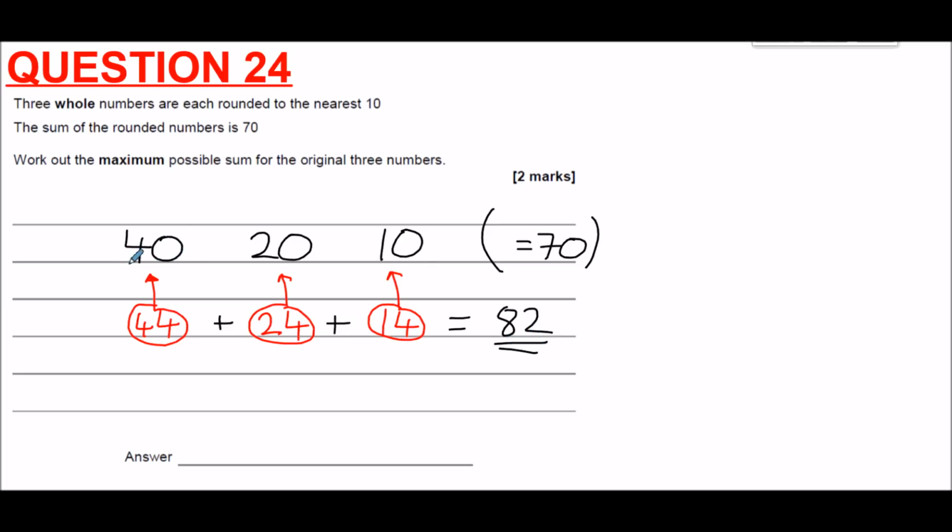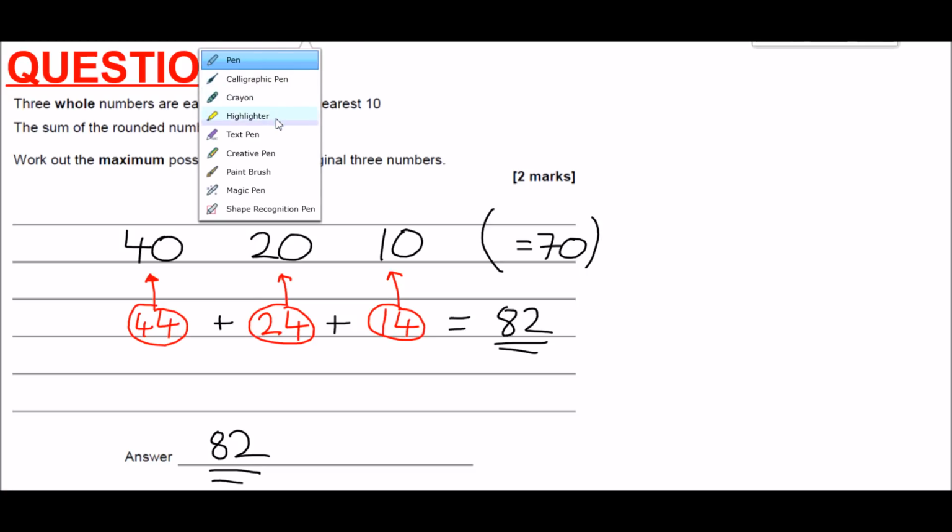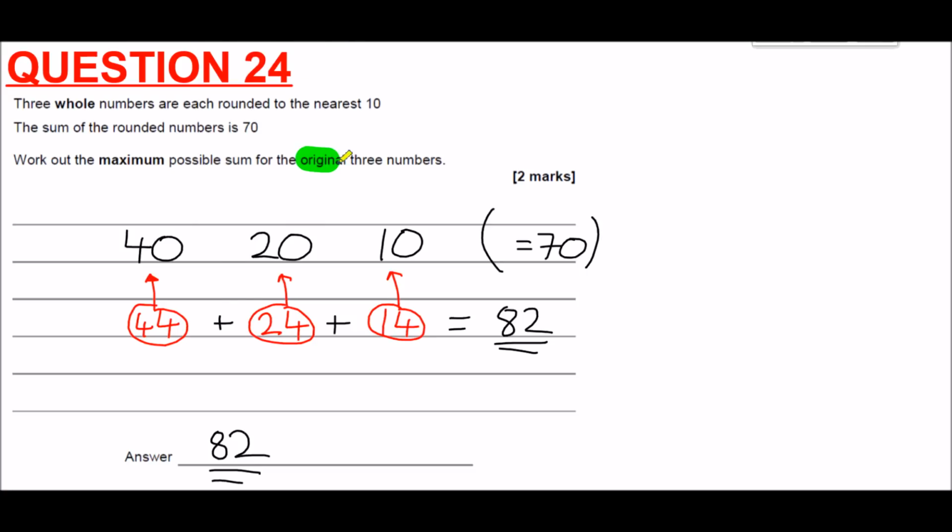So you could have picked 20, 20 and 30 and it still would have worked. The final total of the numbers would have been 82. So the three original numbers, for all we know, could have been 44, 24 and 14, which should give a total of 82.